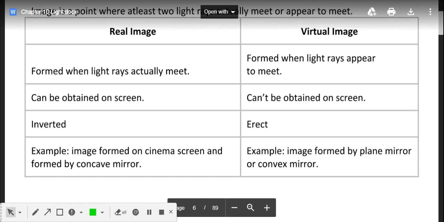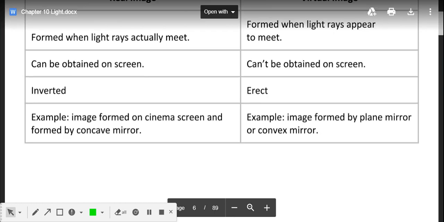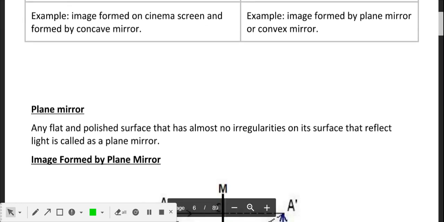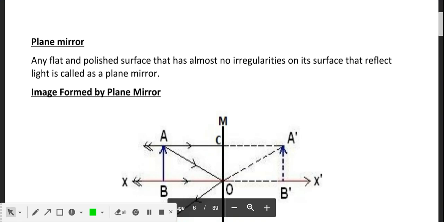Inverted means upside down, erect means same as it is. An example of real is the image formed on a cinema screen and by a concave mirror, and an example of virtual is the image formed by a plane mirror or convex mirror. Now, what is a plane mirror?